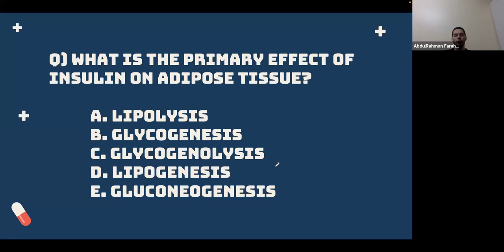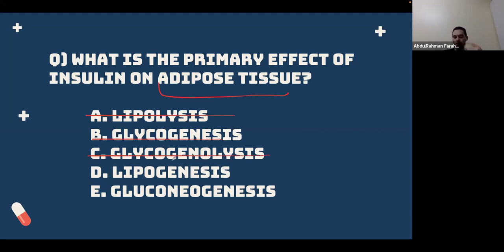So if you try to think of the actions of insulin, it's an anabolic hormone. So we could start eliminating answers one by one. It's an anabolic hormone, so there would be no lipolysis. Glycogenesis could be possible, but it's not usually in adipose tissue, so that's also eliminated.